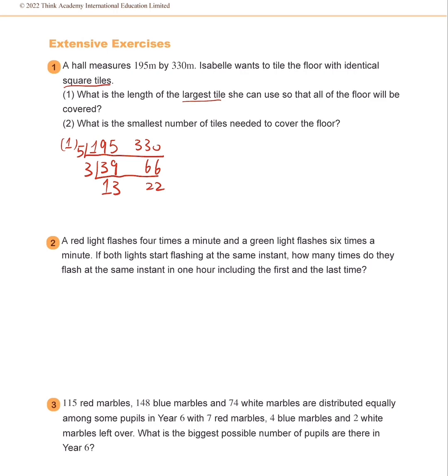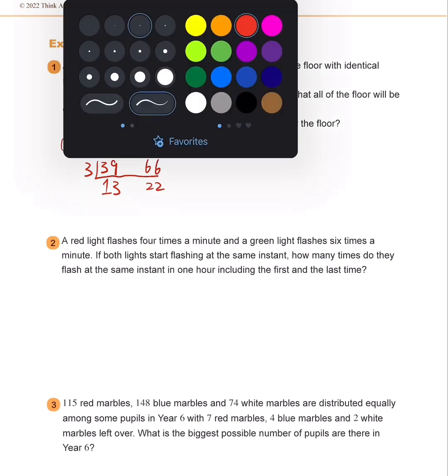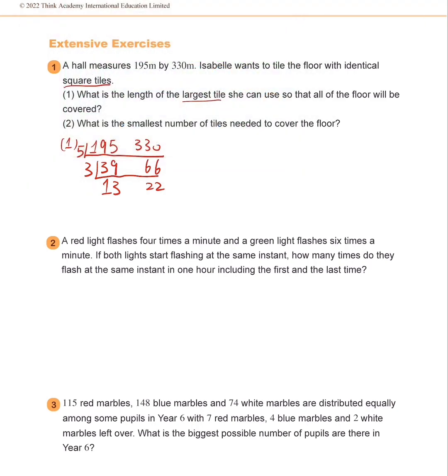Now we can see that 13 and 22 don't have any further common factors. So we are just taking 5 and 3. So the HCF is equal to 5 times 3, and that's equal to 15. Which means that the length of the largest tile is equal to 15 meters.